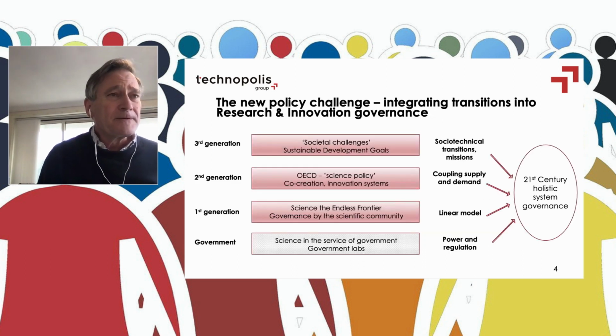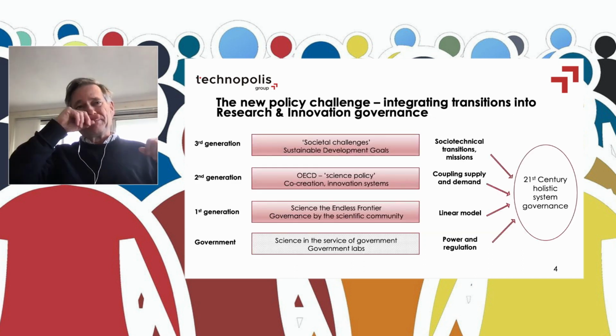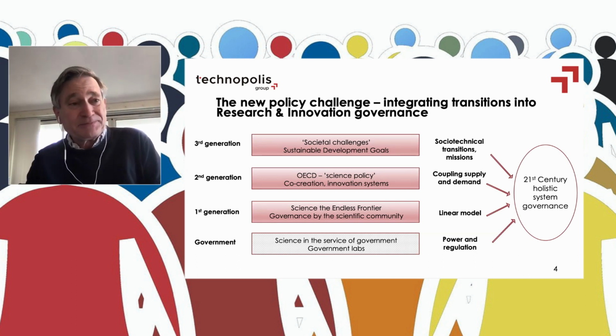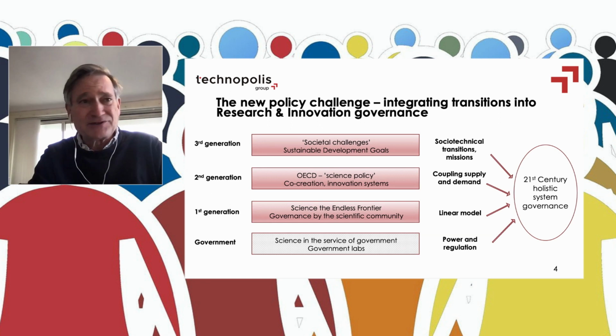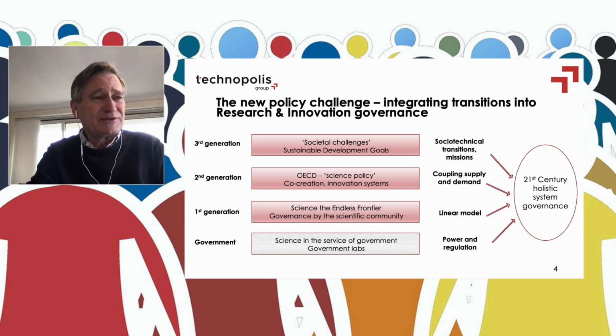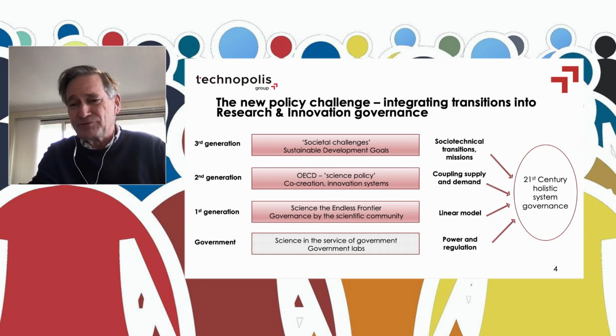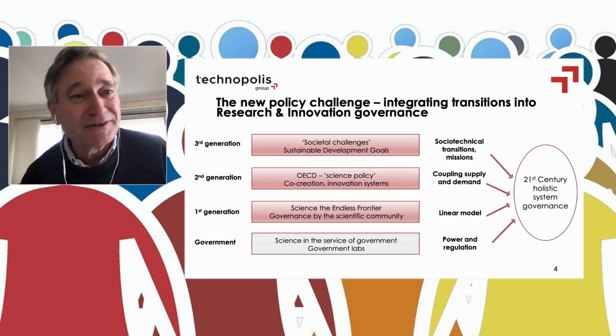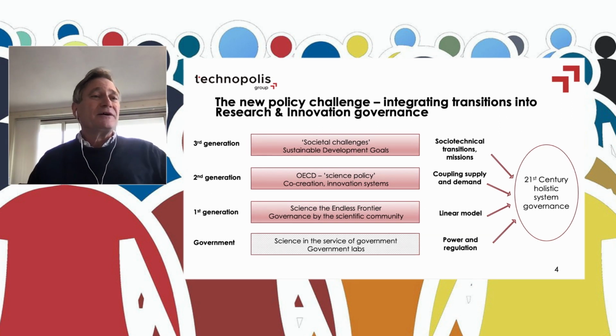I want to talk a little bit about the way governance changes, or is changing over time. And in the discussion about this, people tend to start with a post-Second World War period as if there were no history before that. Of course, governments have been funding science for a couple of thousand years at least in various forms.